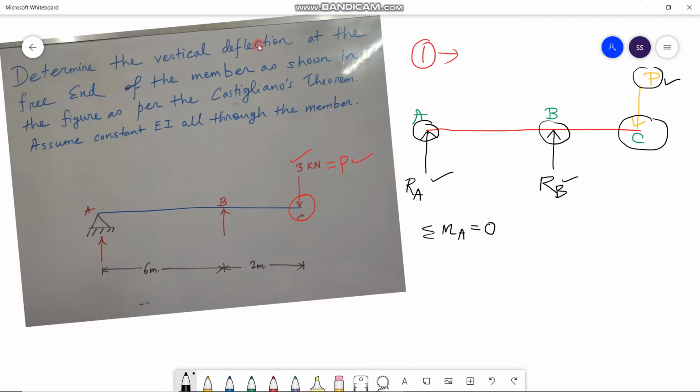equals to 0, as the support at A is the hinge support. So we have the summation of moments equals to 0. From this we get P into 8 equals RB into 6.